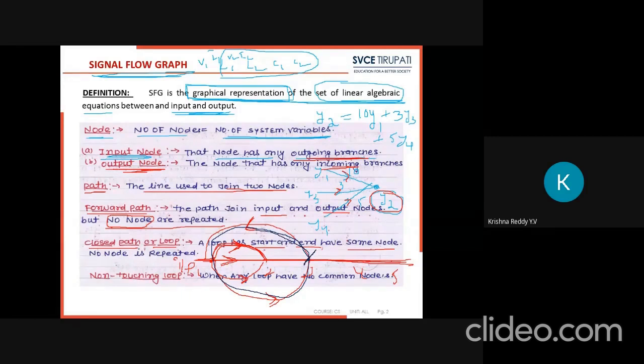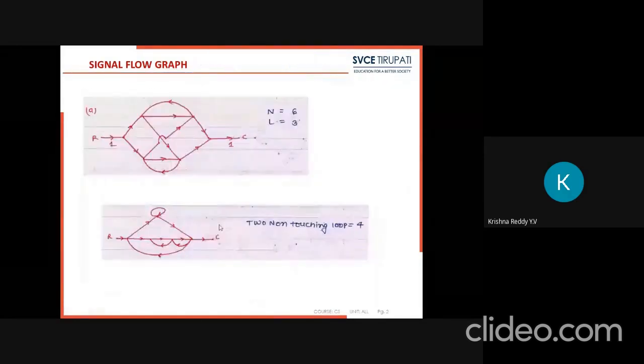Suppose if the direction of this path is like this, here also we are having one loop. This is known as closed path or loop. Non-touching loops means when two loops do not have a common node.